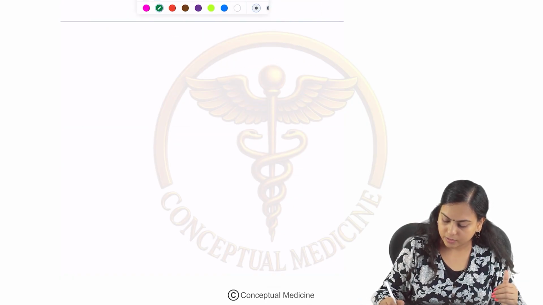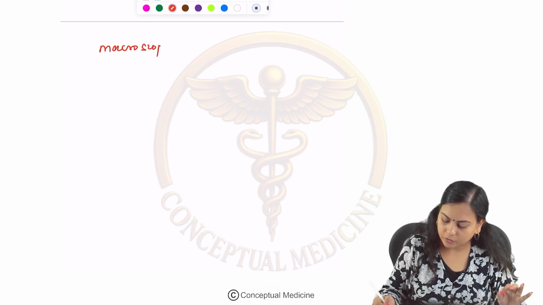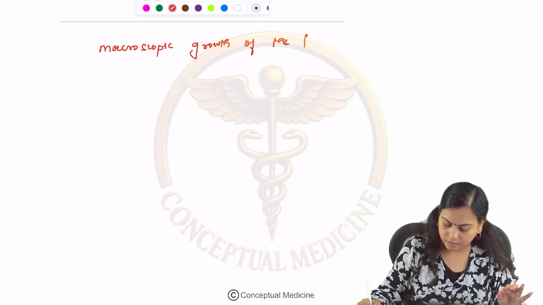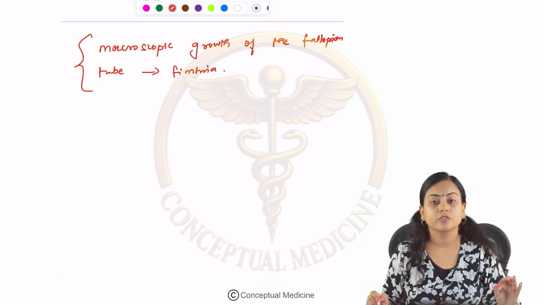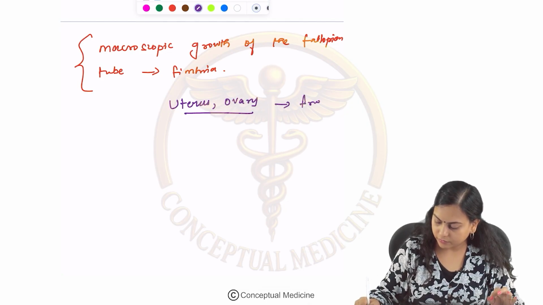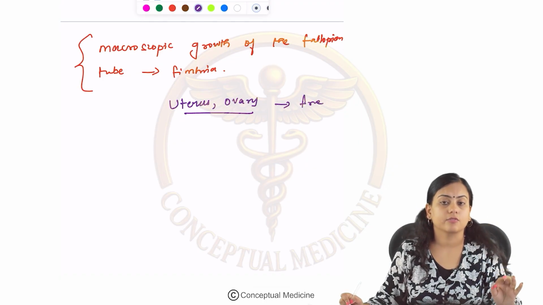So, what we have to do is, you should see a macroscopic growth of the fallopian tube or the fimbria to make it a primary tubal cancer, and you should also make sure that ovary and the uterus are free from any tumor. If present also, they should be clearly distinguishable.